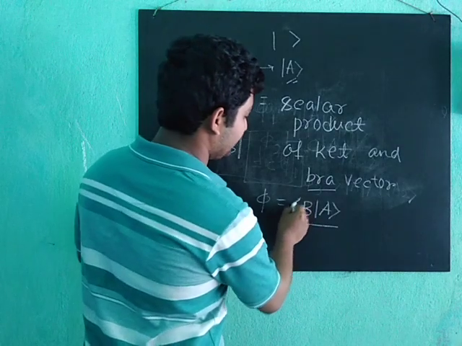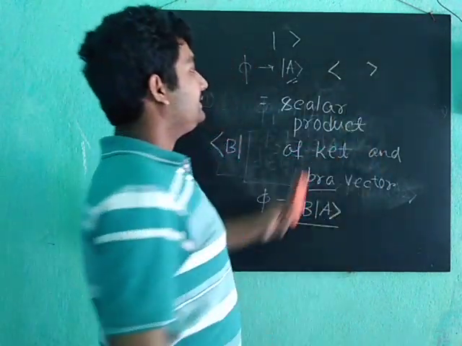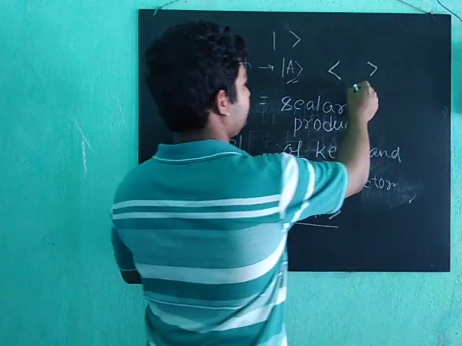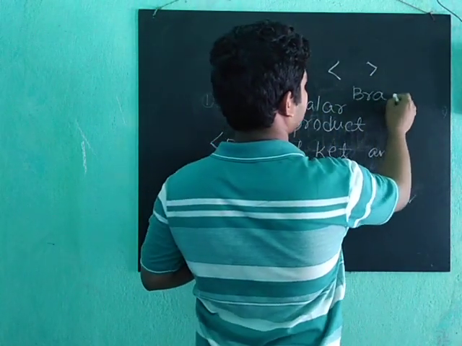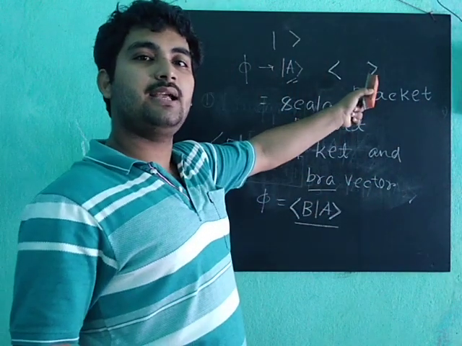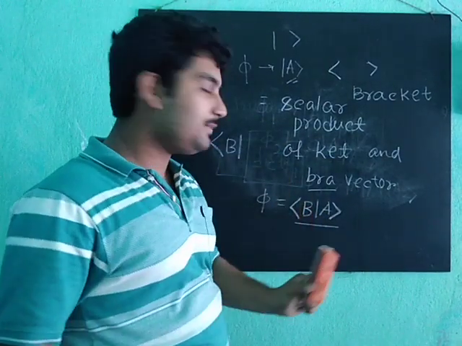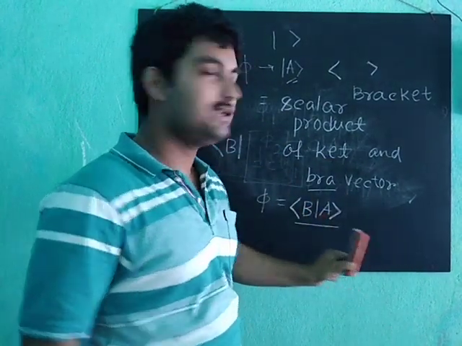This is like a scalar product, and this notation is called a bracket. This bracket expresses the scalar product between a bra and a ket.